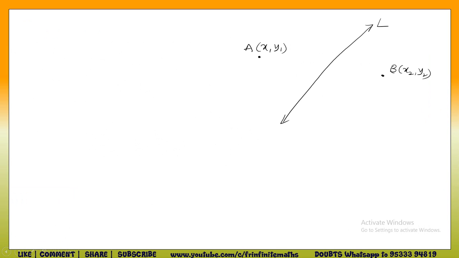Okay, now since we know that A and B are on either side of the line from the figure, right? Now I am going to join these two points. My ultimate goal is to find in which ratio this line L is dividing my line segment joining AB.